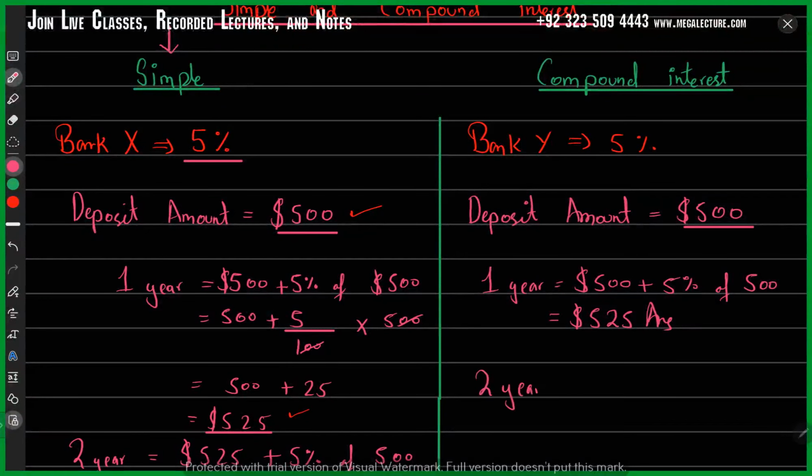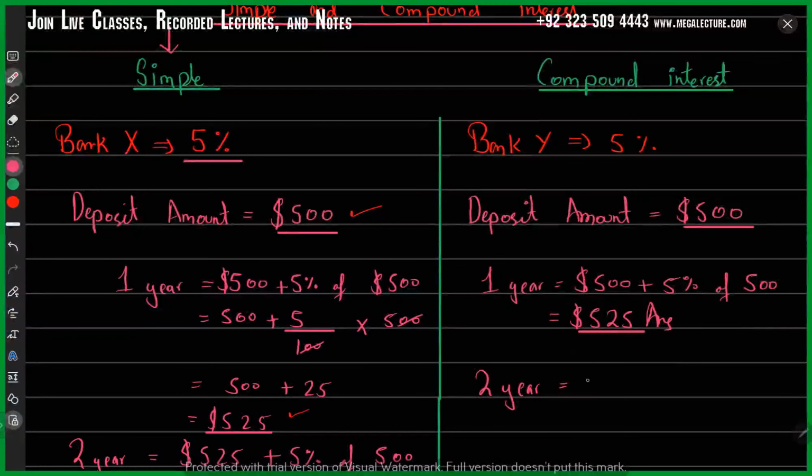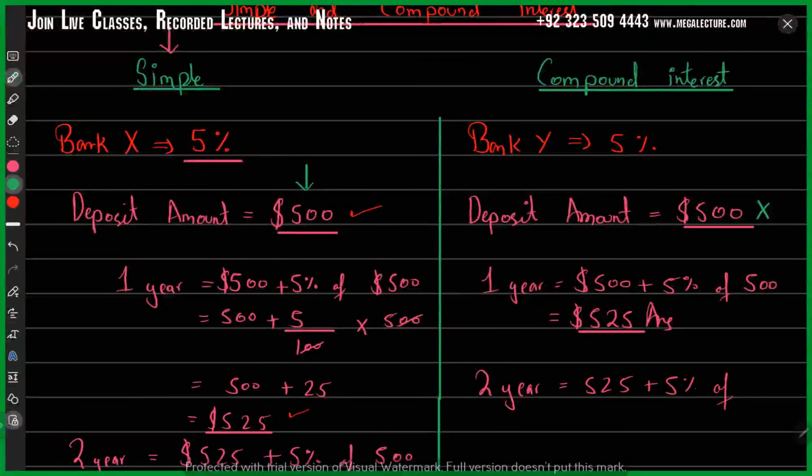For the second year, my total amount after adding the compound interest is going to be the last amount, that is 525, plus 5% of the previous amount. This is not my initial amount. In case of simple interest, every time we consider the deposited amount, the initial amount. But for compound interest, I would be referring to the previous amount again and again, and that is 525.